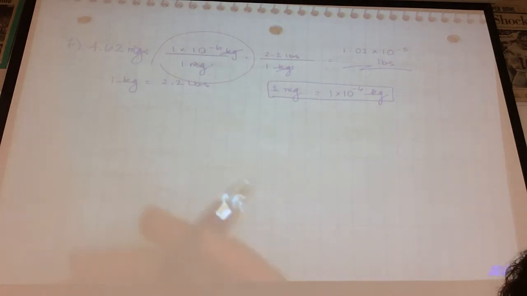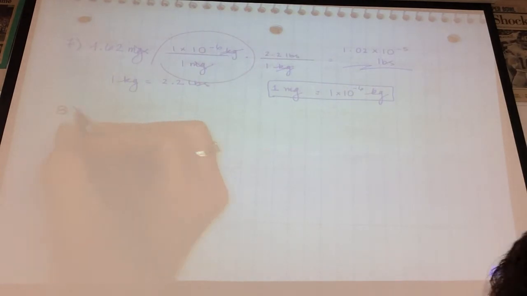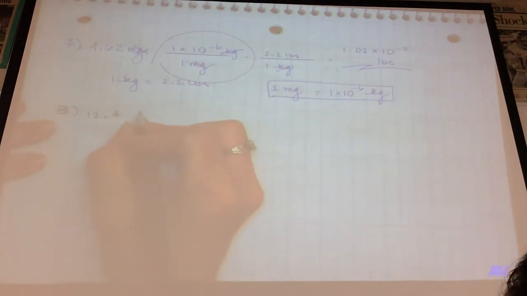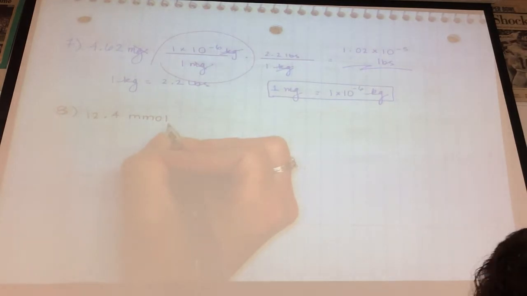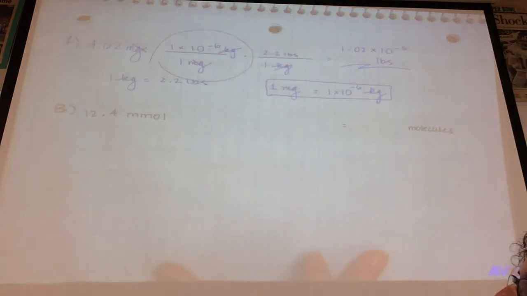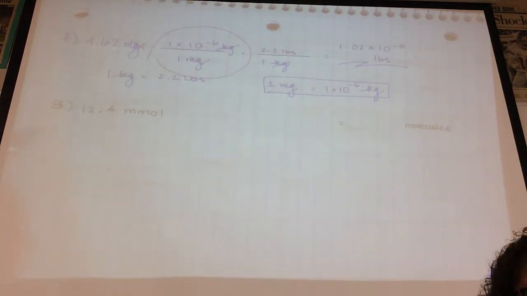Let's take a look at 8, and you're going to have to really talk me through 8. 8 says 12.4 millimoles, and we want to get to molecules. Is there a conversion that has millimoles and molecules in it?